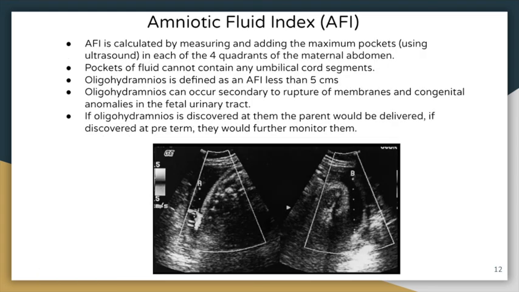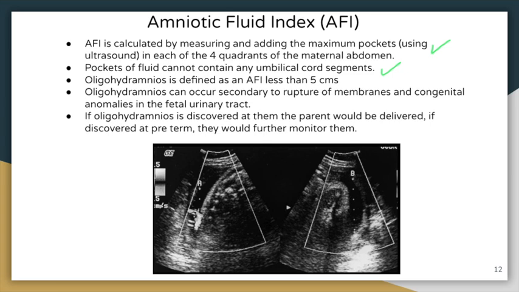And I already kind of talked about the amniotic fluid index, but the AFI is what this is. Again, I kind of covered most of this. Oligohydramnios is defined as AFI less than 5 centimeters. We already talked about oligohydramnios, how it can occur secondary to rupturing of membranes and congenital anomalies in the fetal urinary tract. Remember, the baby's drinking in the fluid and peeing it out.